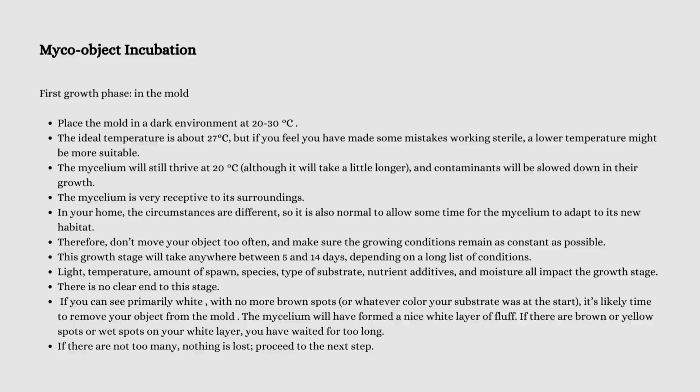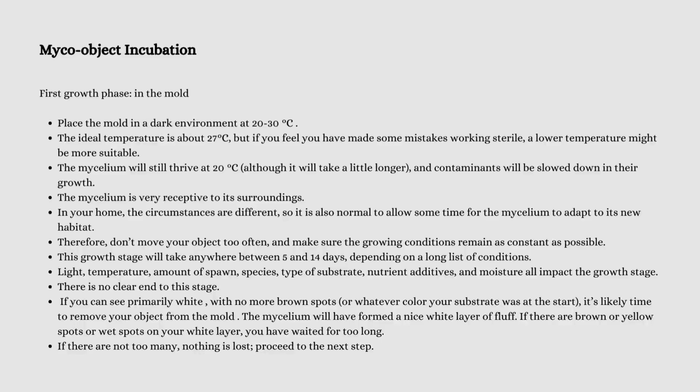So, if you can see primarily white, with no more brown spots or just whatever color your substrate is, if you can't see your substrate anymore or just very subtly, then it's likely time to remove your object from the mold. So it's fully myceliated. If it's at the top, it's normally all the way through. It helps sometimes to work with transparent molds, like the thermoplastic or recycled containers, because then you can actually see if the sides and the bottom are myceliated also.